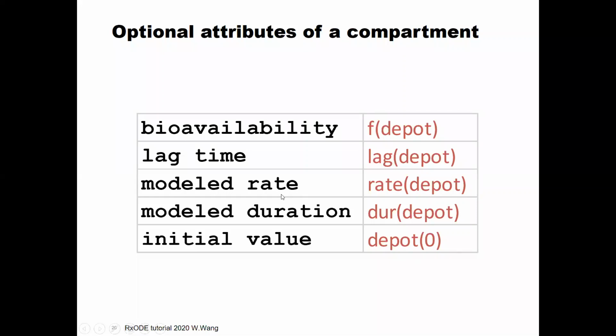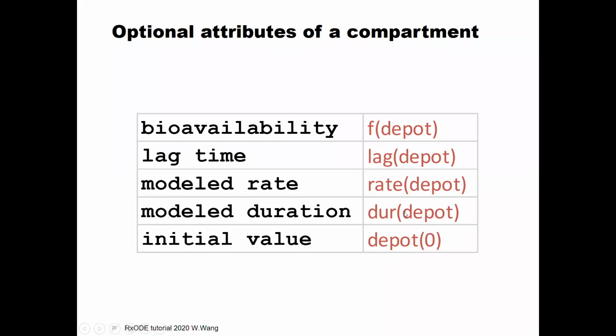And for some advanced modeling and simulation, you may wish to define the rate or model the rate or duration. Then you use the words rate and dur to define these attributes. And the initial value, as we discussed before, that's yet another one.